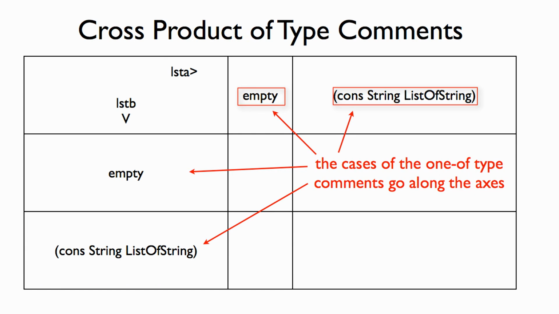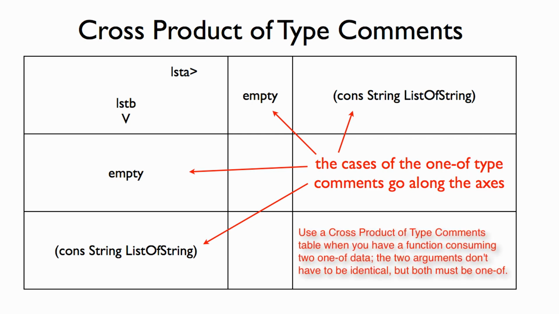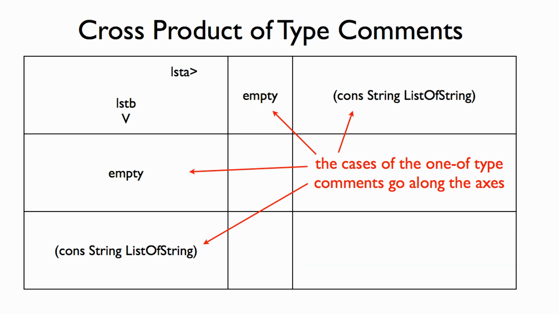And since argument A is a list of string and argument B is a list of string, we get the same thing here as we get across the top. I just want to stress you can use this design approach even if the two types are not the same. So if you had list of string and list of number, you could use this. If you had list of string and binary search tree, you could use this. The key thing is that both types have a one-of in their type comment. So we've got the cases of the one-of type along the axis.